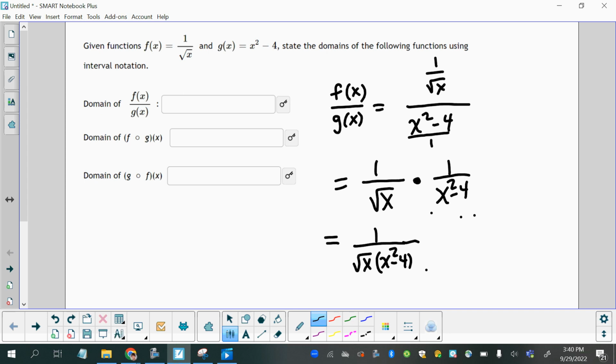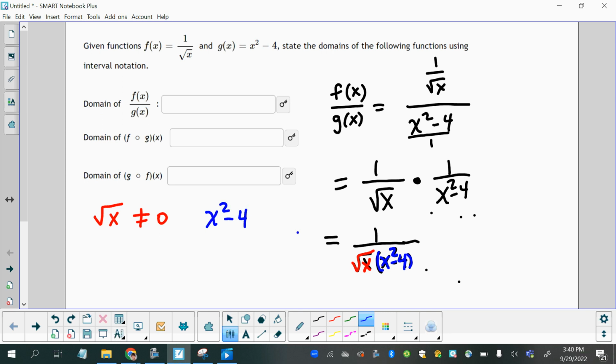So this part right here, the square root of x, shall never be allowed to be equal to 0. And the x squared minus 4 portion can never be allowed to be 0 either.